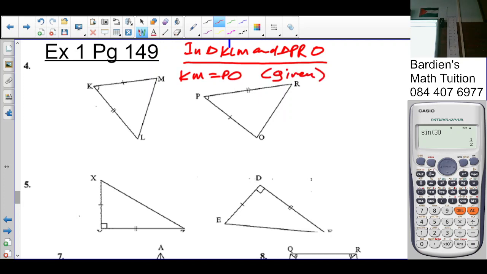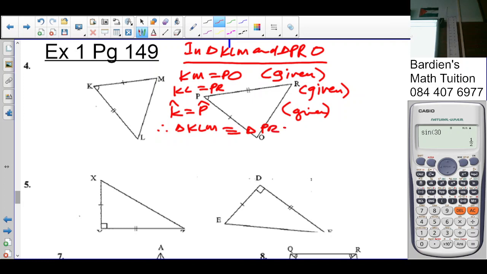Next, KL is equal to PR. Why? Given. Angle K is equal to angle P. Why? Given. So here we got two sides and an angle. Is that the included angle? Yes. Both these two sides include an angle. So what can we say? Therefore, triangle KLM, the order was right, is congruent to triangle PRO. Why? Side, angle, side.